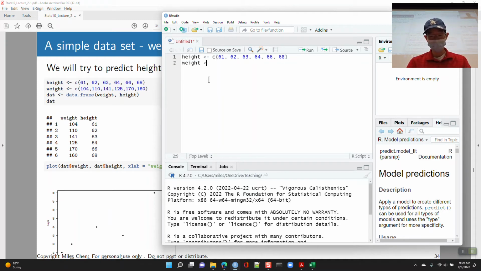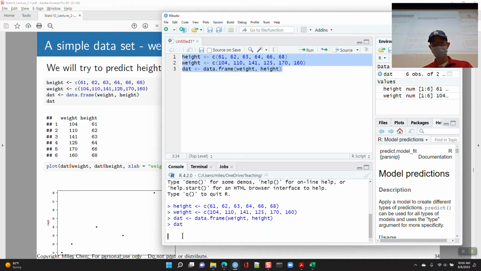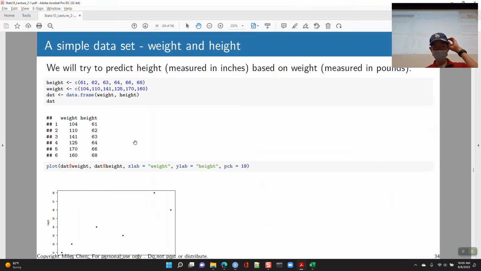And what do we have? 104, 110, 141, 125, 170, 160, and then I'm going to create a data frame, data.frame. We'll put the two variables together. So there's our data set right there.